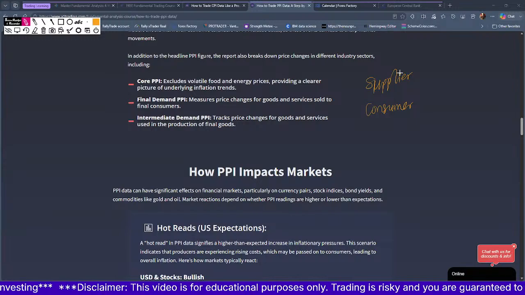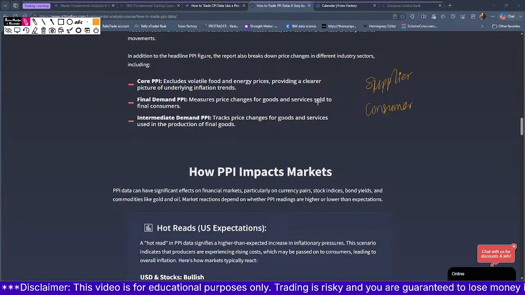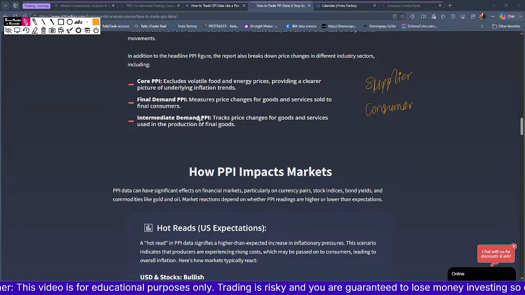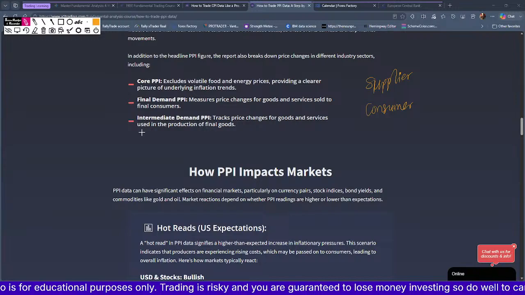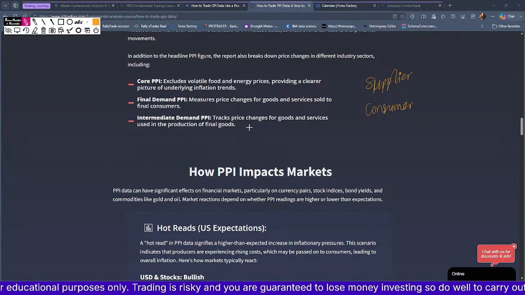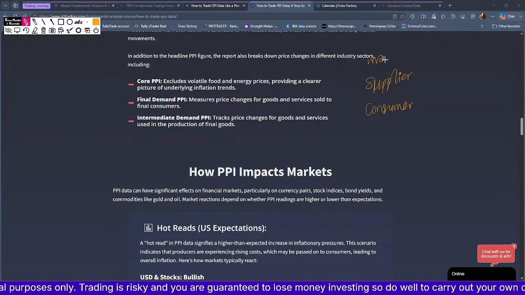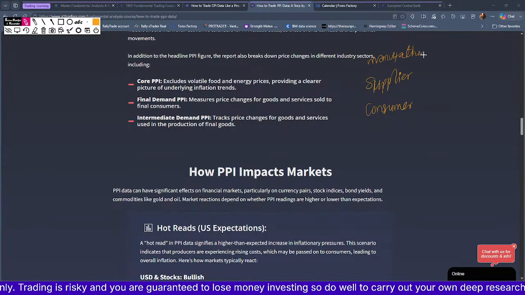Now, the supplier is able to know how many consumers they will get. Let me show you what it means. Intermediate demand PPI tracks price changes for goods and services used in the production of final goods. So there is also the manufacturer situation. Who are the manufacturers?